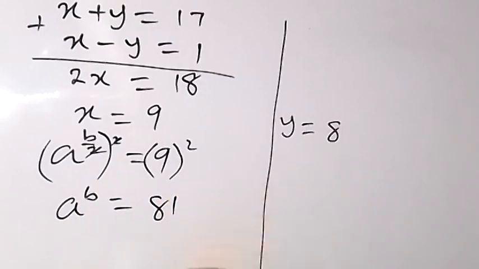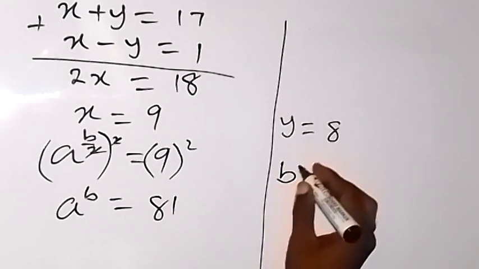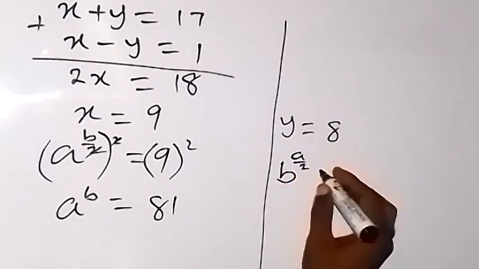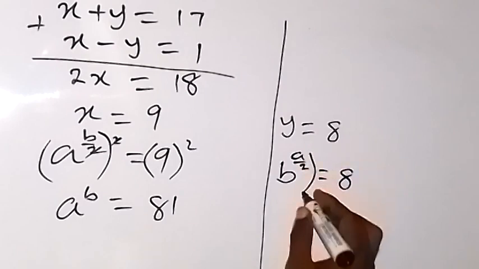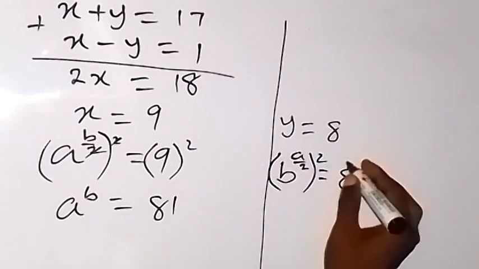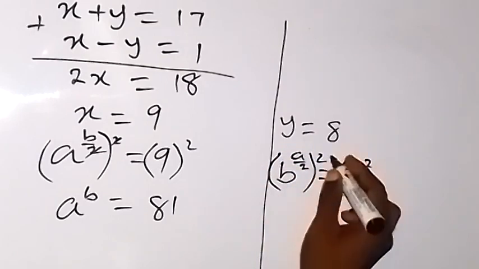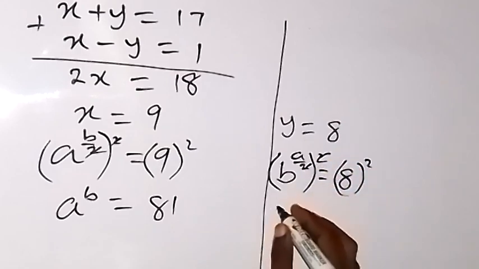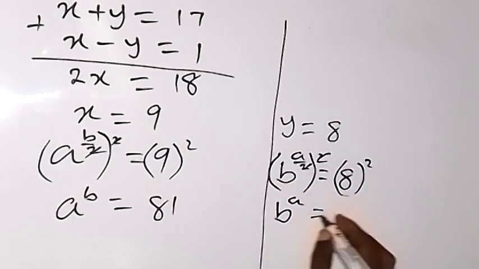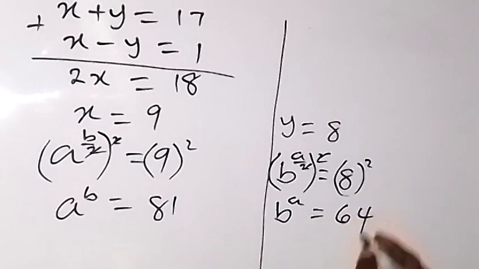And on this side as well, our y is given as b raised to power a over 2, equal to 8. Also we can square both sides here. The 2s cancel, we have b raised to power a equals 8 squared, that's 64.